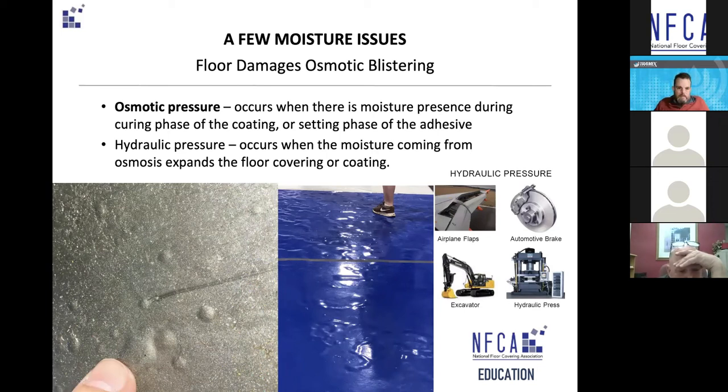And as moisture cannot be compressed, it creates a really strong hydraulic or compressive pressure, which would often be blamed on hydrostatic pressure, even though it couldn't be hydrostatic pressure or vapor pressure.